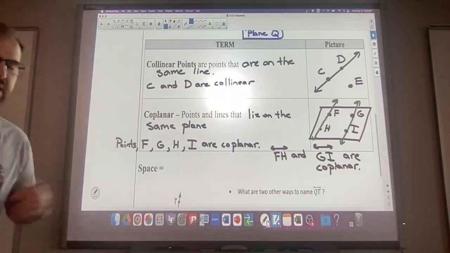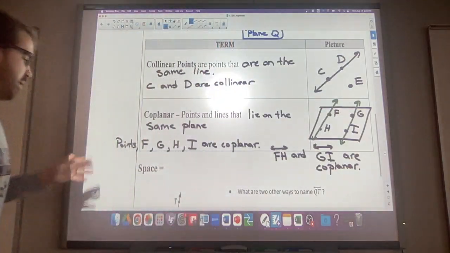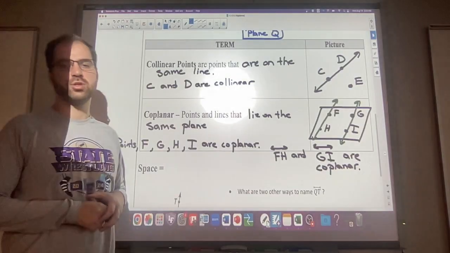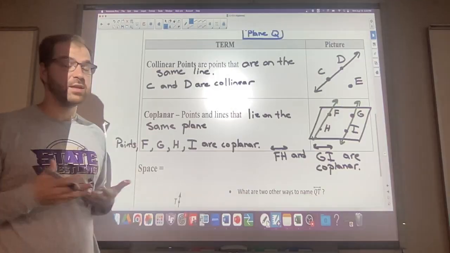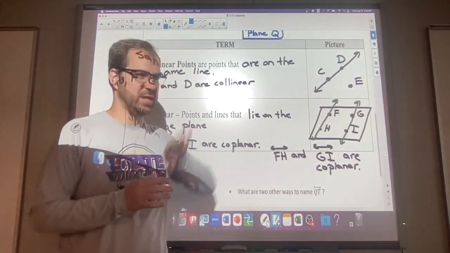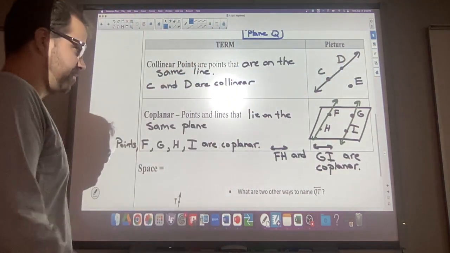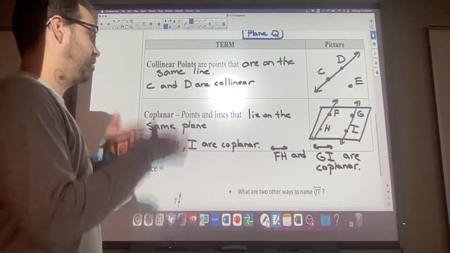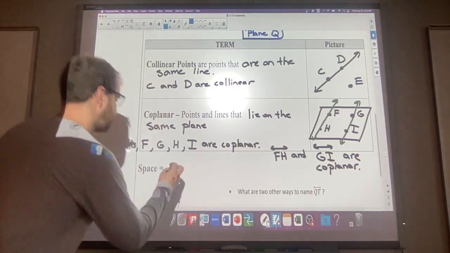Okay, remember how to name a line? Typically this is how they're going to describe it, like I said before. Now space. We don't use this too much, but essentially space is an infinite 3-dimensional area, right? If you took this classroom and pushed this wall out infinitely, and that wall out infinitely, it's just like an infinite space, an infinite 3-dimensional area.